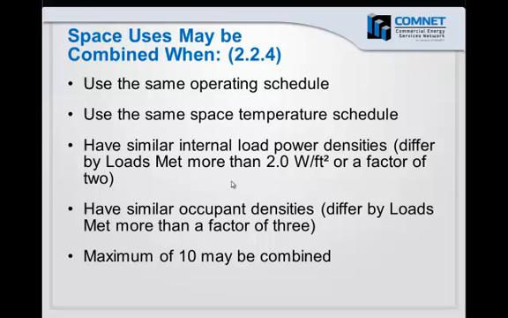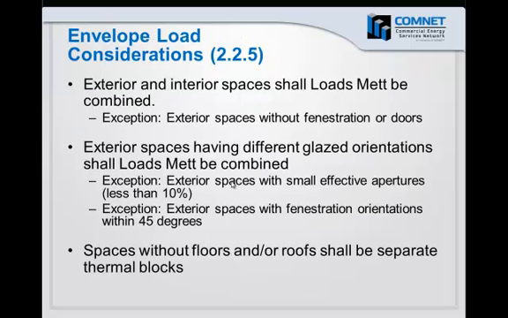And they ought to have similar occupant densities. And there's some guidance here. Internal loads within a range of 2 watts per square foot, and occupant densities within a range of 3 to 1. And up to 10 spaces can be combined. So these are really rules to the modeler who's setting up the rated building.